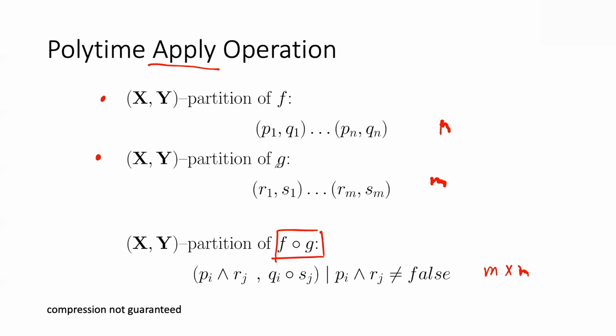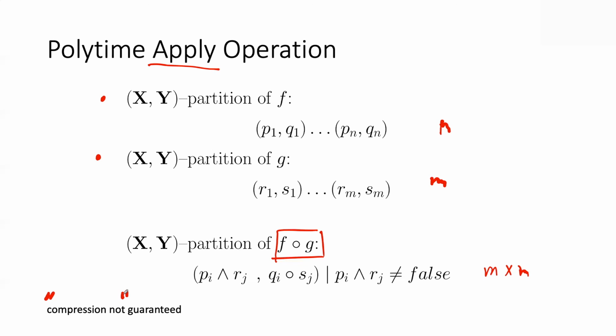The one caveat here is that this apply, as I described it, can be implemented and will be quadratic like OBDDs, except the resulting SDD is not guaranteed to be compressed, and that is not easy to ensure.